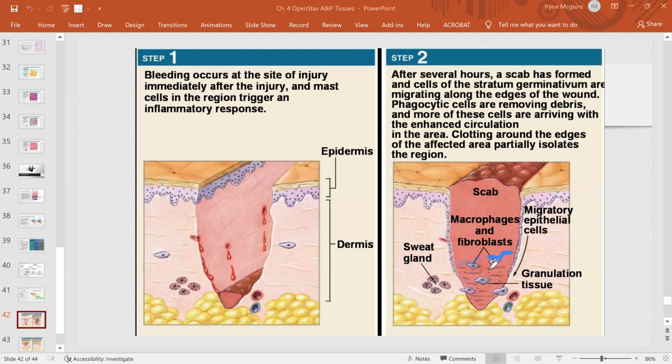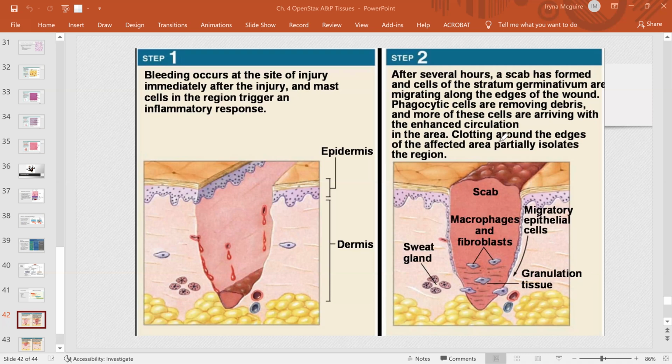So you have this collagen, you have fibroblasts, you have macrophages, and you're pretty much forming this new type of tissue. We call it granulation tissue. This is the next step in tissue repair that is called granulation. So what is granulation tissue? Pretty much collagen, fibroblasts, and white blood cells, right?